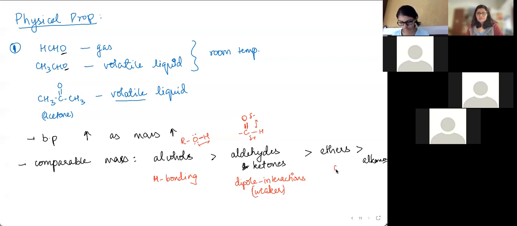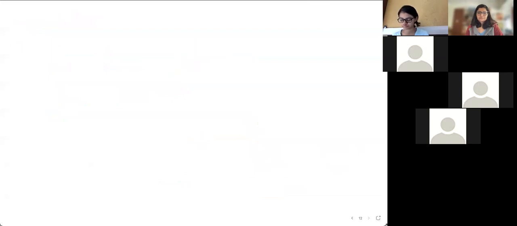Ethers though, again the oxygen is attached to carbons on both sides, so it's a lot lesser, but at least the presence of oxygen is causing their melting point, boiling point to be higher than pure alkanes which don't have oxygen at all. So that's the order in this situation. Okay. We've talked about melting point, boiling point. Next, let's look at the solubility. What can you say about the solubility of aldehydes ketones?